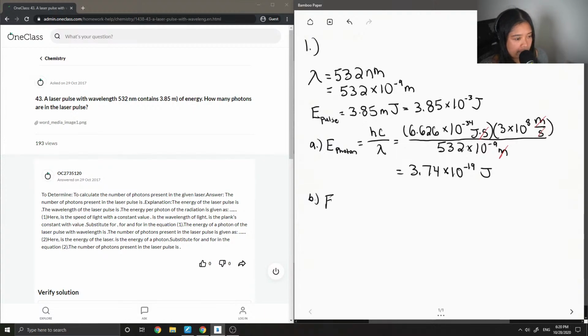When we want to calculate the number of photons, it's actually going to be the energy of the laser pulse divided by the energy of a single photon. So all we have to do is plug in those values.